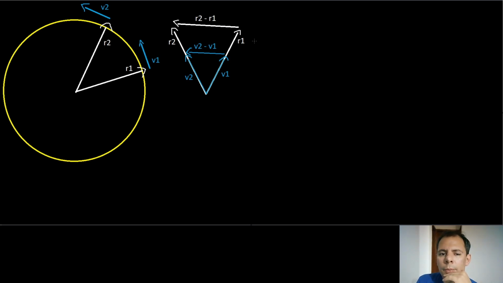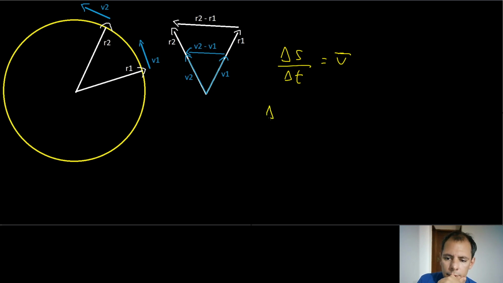Now, what do we learn from physics, at the beginning of mechanics? That the difference of the space over time equals the average velocity. This is not a velocity vector. All these are scalars.